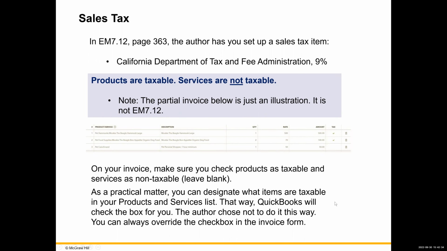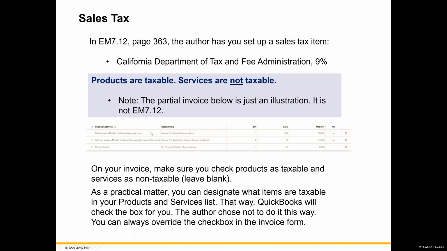Now, as a practical matter, you can designate which items are taxable in your products and services list. That way, QuickBooks will check the boxes for you. Now, the author chose not to do it this way. I suggest in real life that you do that because you want to have QuickBooks do things automatically for you.